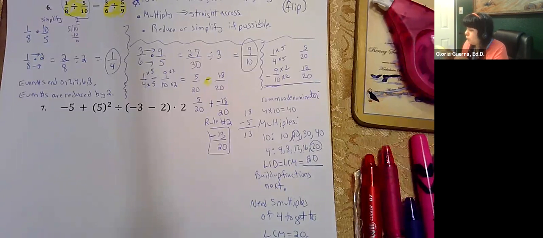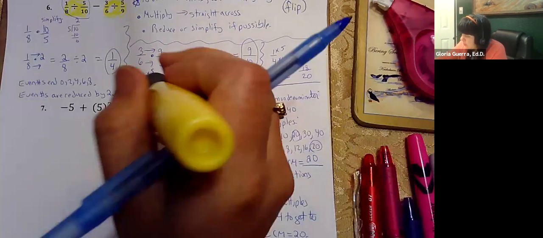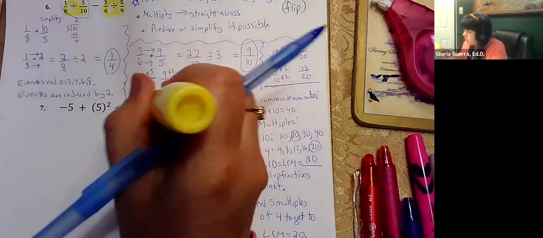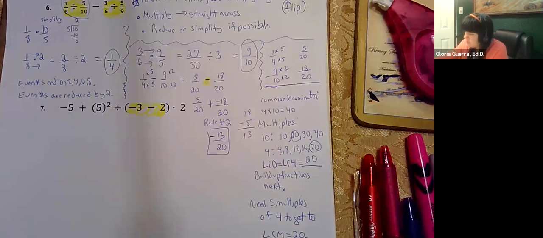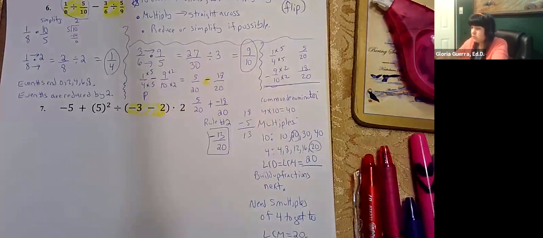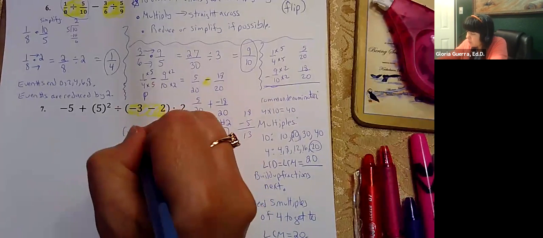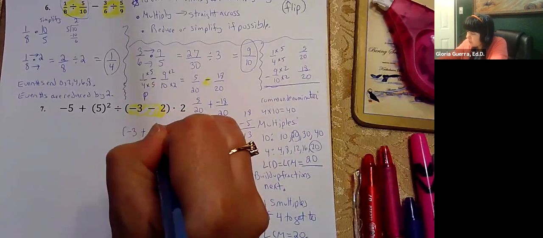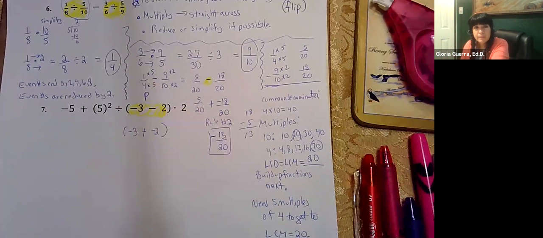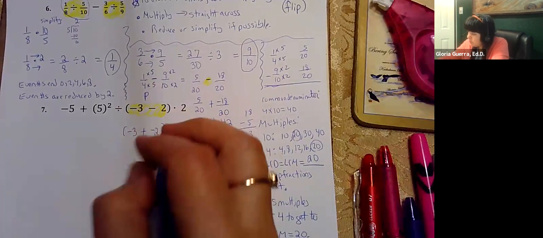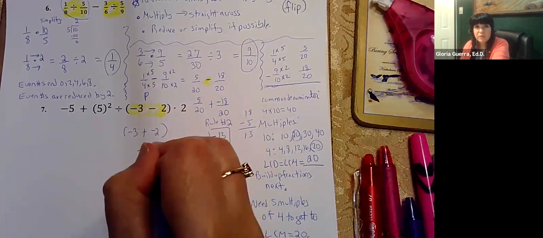Okay, but first we'll do the P, the parentheses, operations inside parentheses. And you see that there's a subtraction sign. So you want to rewrite that as -3 plus -2. Okay. And that would give you a -5.